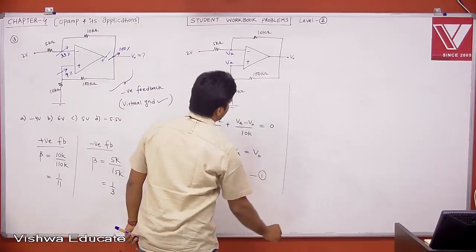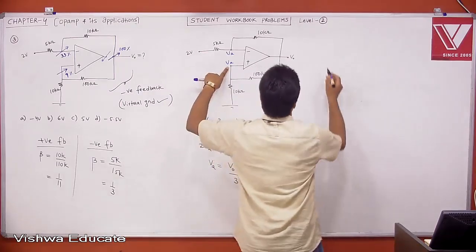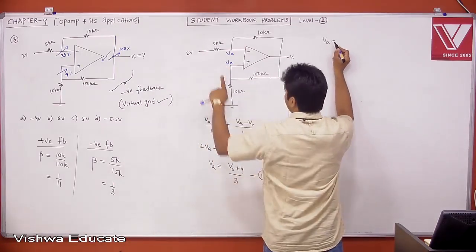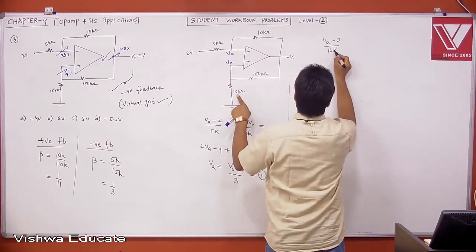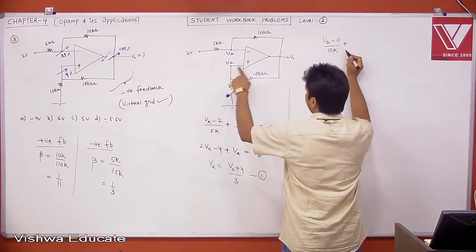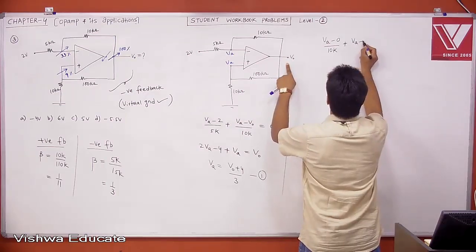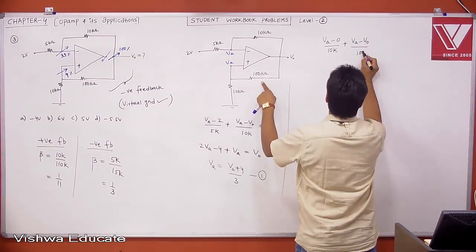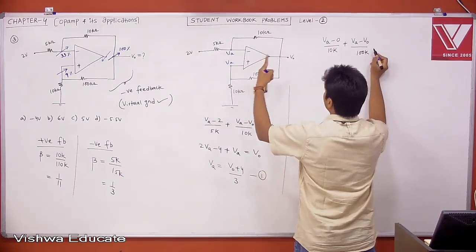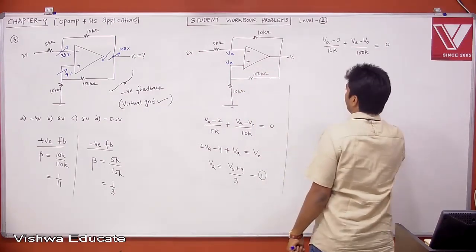Now, apply nodal analysis at the other node. Therefore, tell me, (VA minus 0) divided by 10K plus (VA minus V naught) divided by 100K plus current entering into op amp, that is 0, is equal to 0, right?